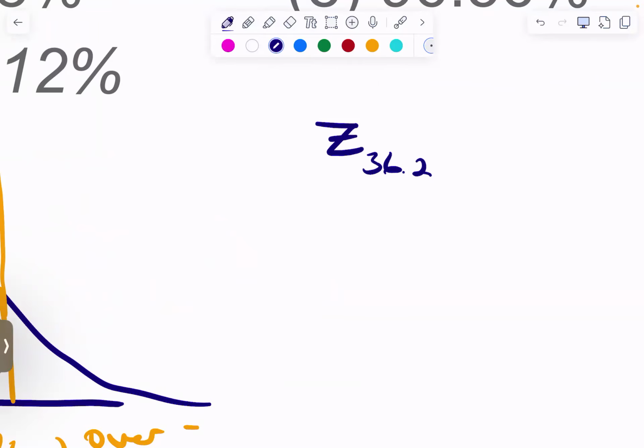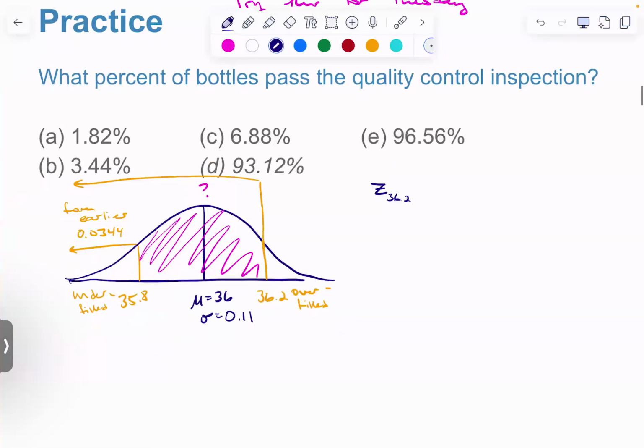It doesn't do anything. And so this is the Z for 36.2, which is going to be X minus mu over sigma. It's on your formula sheet, of course. Z is 36.2 minus 36 divided by 0.11.